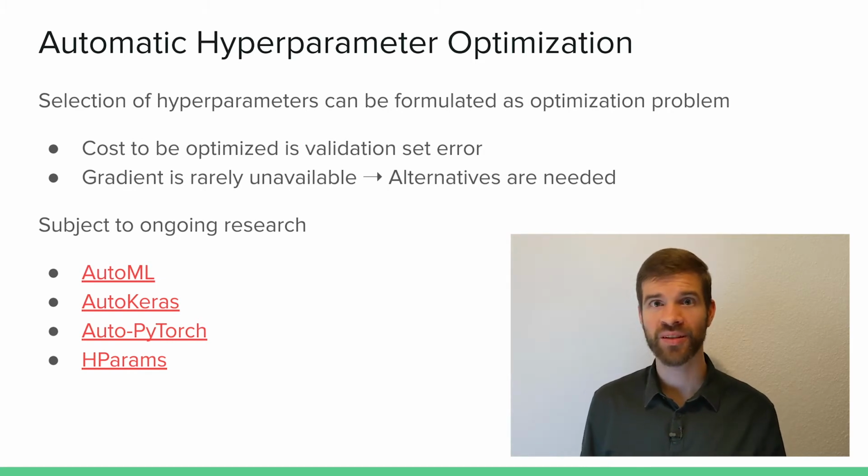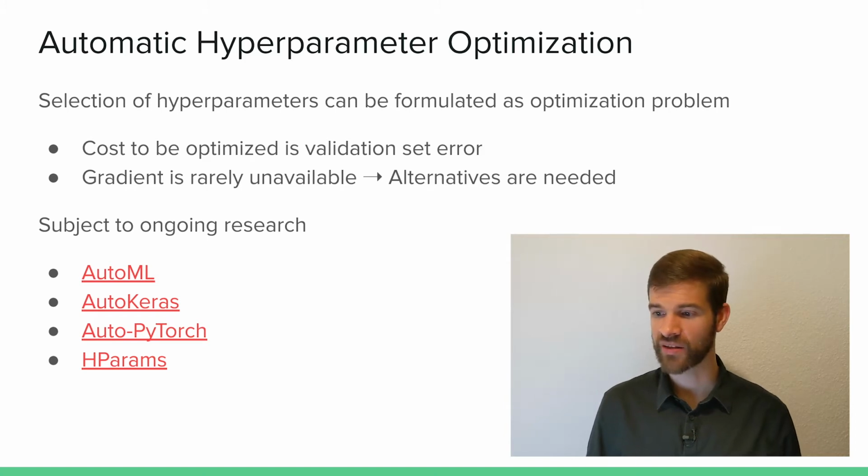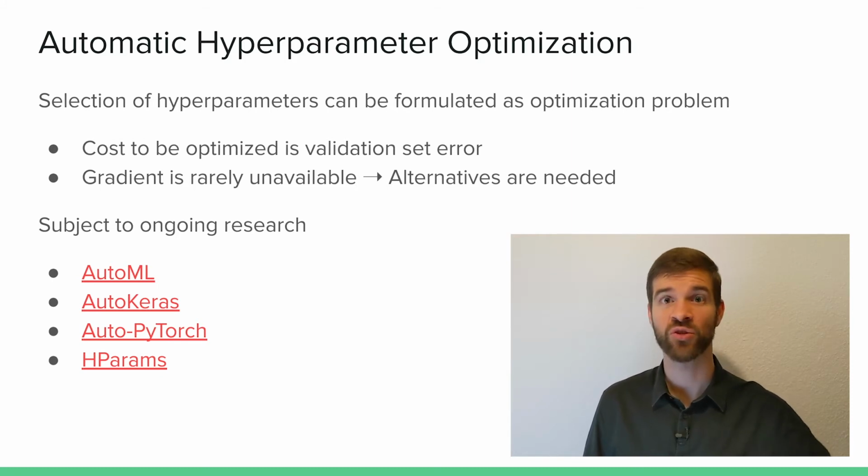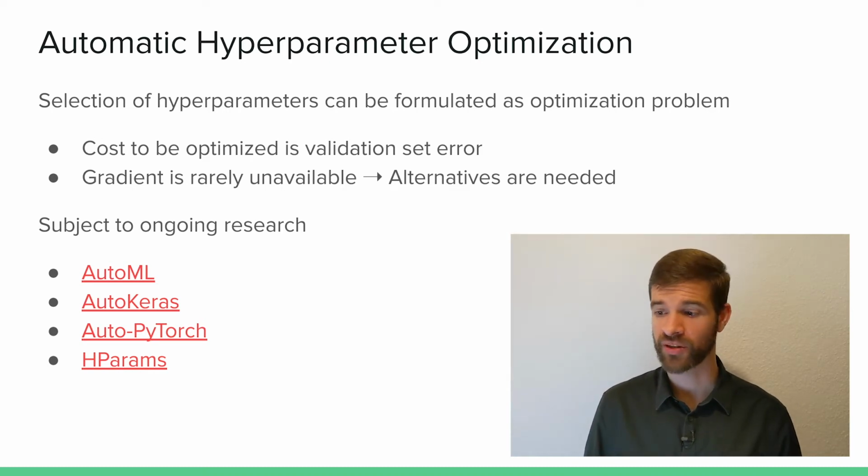Finding hyperparameters is again something that you can formulate in terms of what you want to achieve, what the loss will be, and what you then do is that you're trying to optimize the costs, the validation set error as your cost, because that is the metric that you want to monitor for finding good hyperparameters.